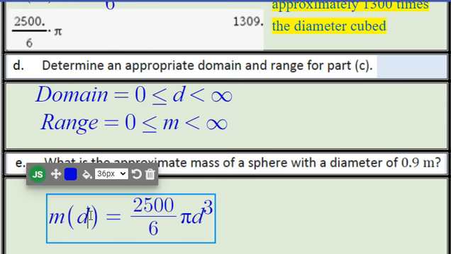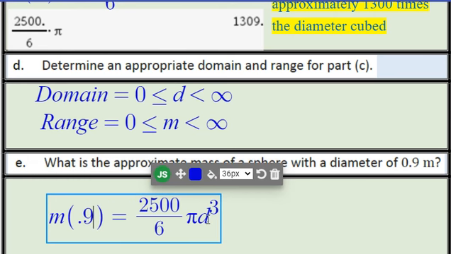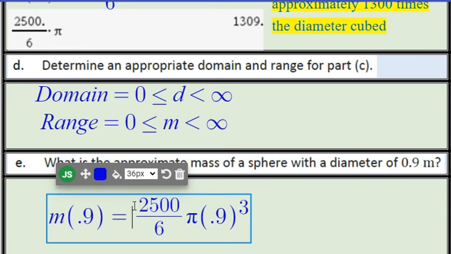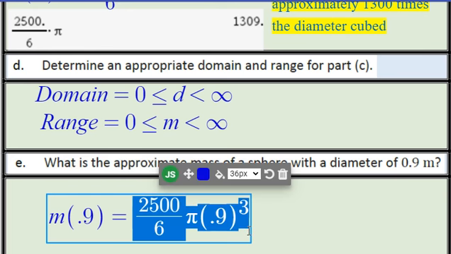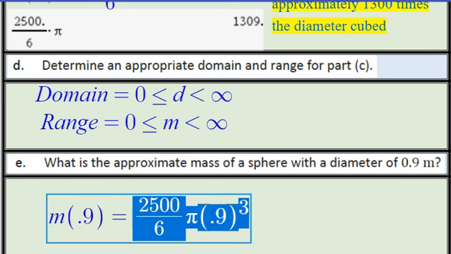My D in this case is 0.9. So here I'm going to replace this with 0.9. So I can take this expression, copy it, and go right to my calculator.